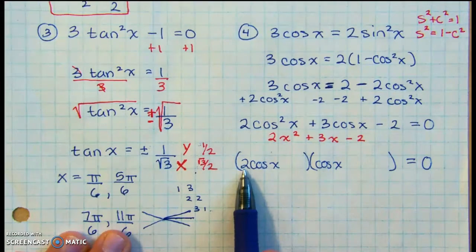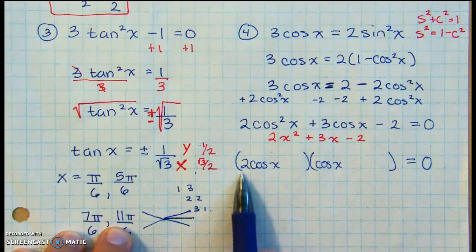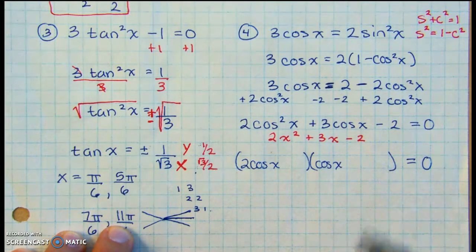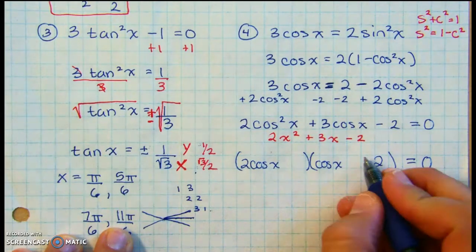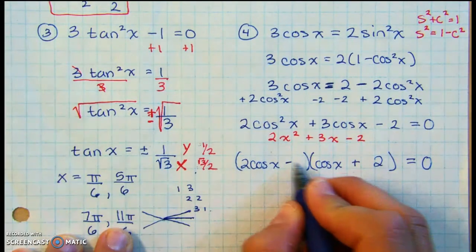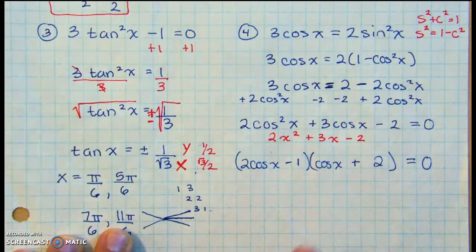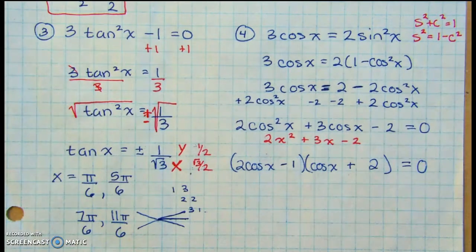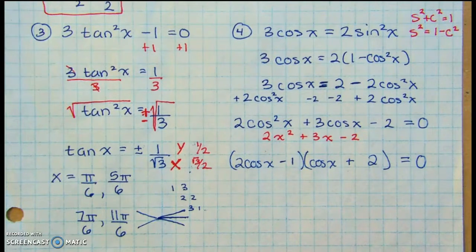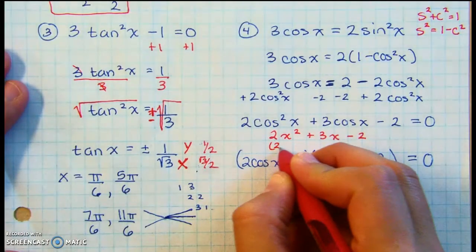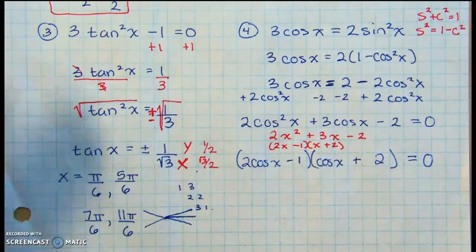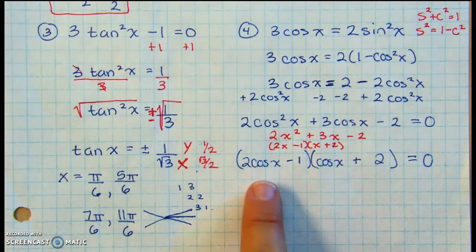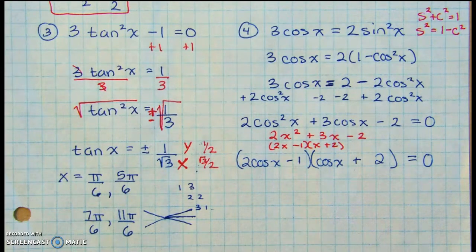So we want this 2 to multiply by 2, because we want 2 times 2 to get 4. And then we're going to subtract the 1 cosine. So that's how we would factor this, 2x minus 1 times x plus 2. And we just did it, instead of x's, we used cosine x.